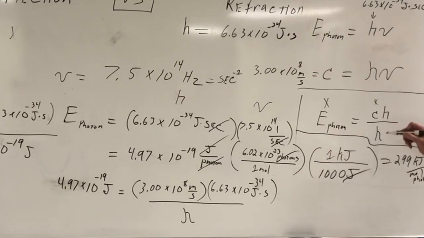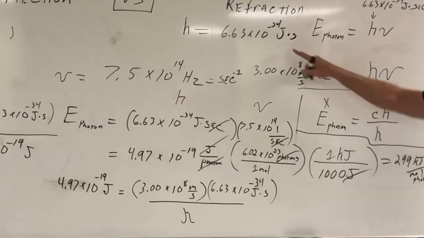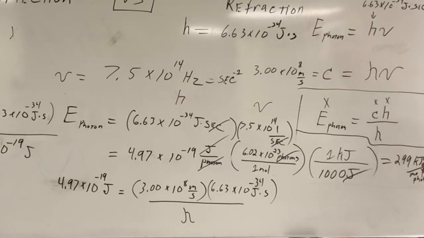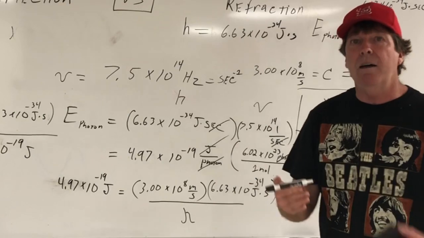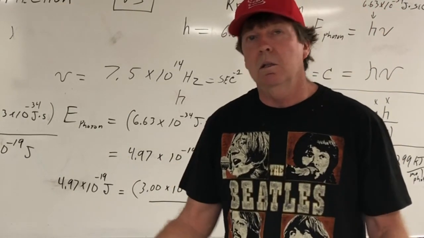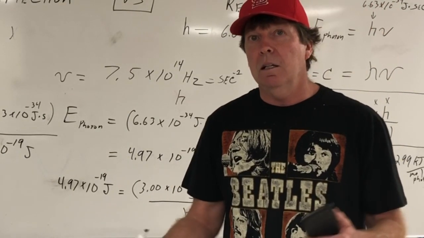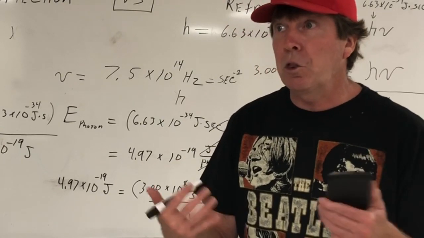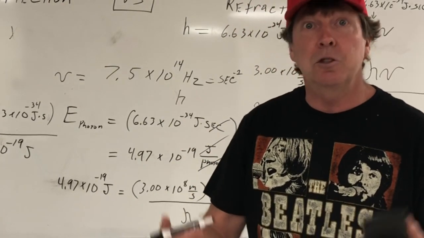I know this value, it's a constant. I know this value, it's a constant. Planck's constant, I don't know that, but any time you have one equation and one unknown, you can solve algebraically. If you have 3 equations and 3 unknowns, you can solve it algebraically.